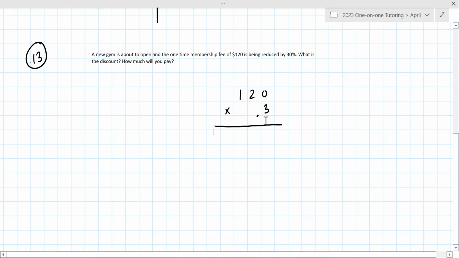Yeah, but you're still really far away, because even multiplying by 30 is going to give the same digits, it's just going to be off by decimal places. You should have gotten 0.30. Yeah, that's better. So it's 0, 6, and 3, and then you move the decimal over 1. So $36. And that's the discount.